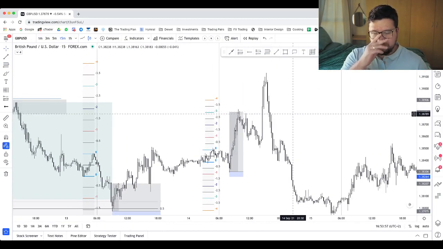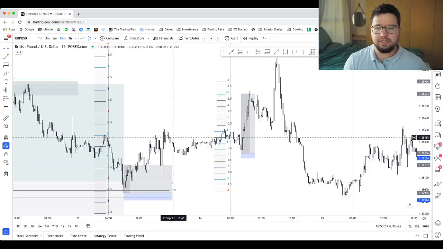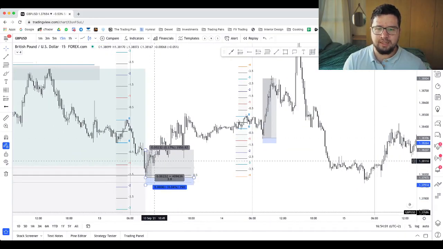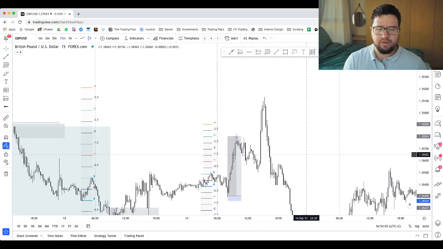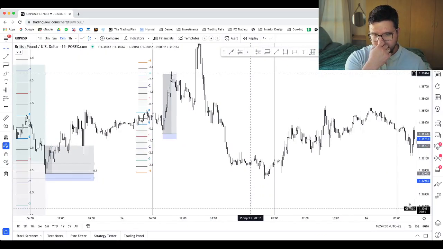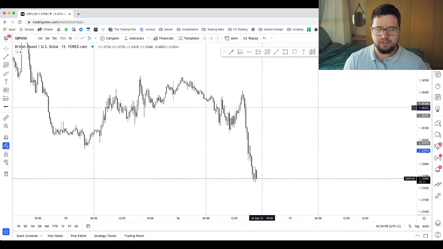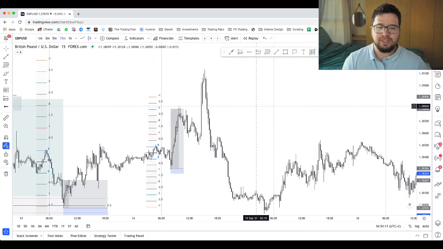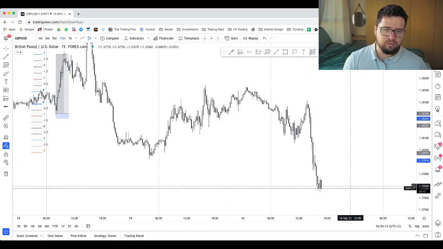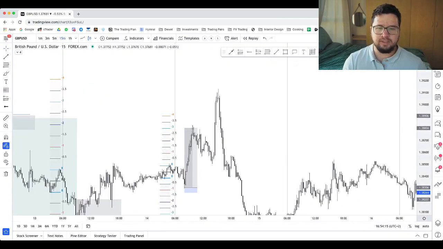So there we had the trade for Monday, Tuesday, running up into the highs, and then this was Wednesday and Thursday today. Wednesday was a retracement, Thursday again was the push towards the downside. So we'll get there in a bit.